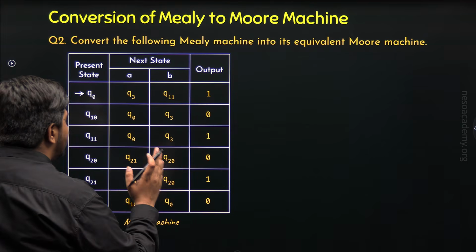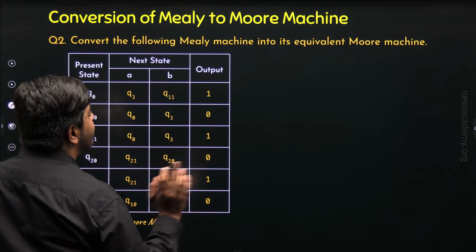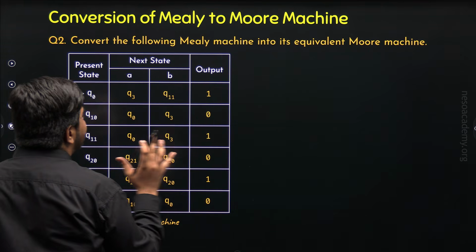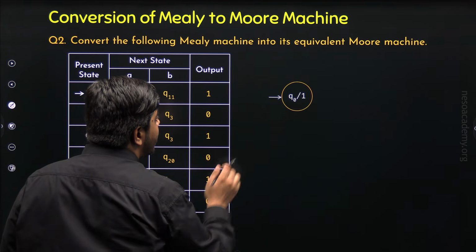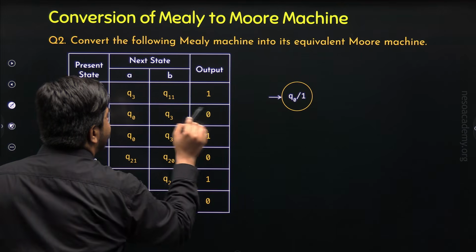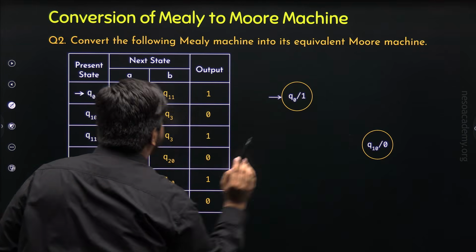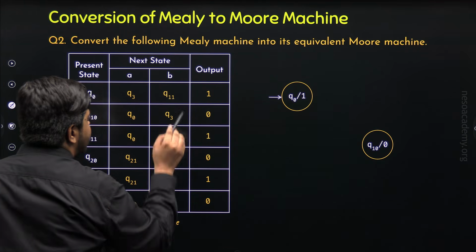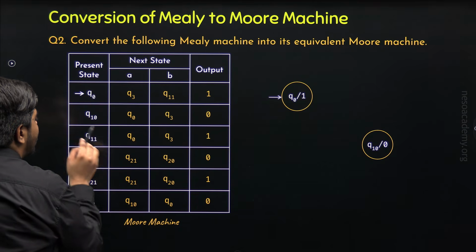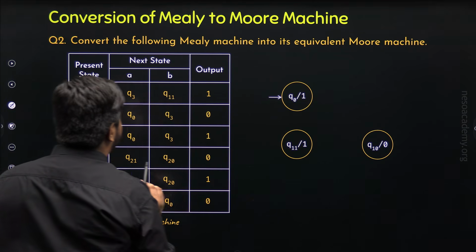Now we will convert this Moore machine transition table into its corresponding transition diagram. So first we will draw all the states. Q0 is associated with output 1. Q10 is associated with 0. Next is Q11 associated with 1.